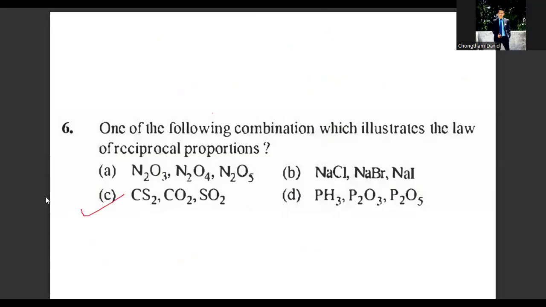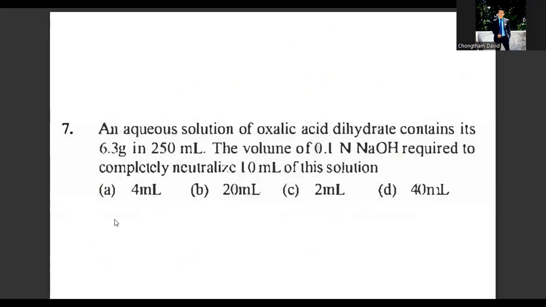Question number 7. An aqueous solution of oxalic acid dihydrate contains 6.3 gram in 250 ml. The volume of 0.1 normal sodium hydroxide required to completely neutralize 10 ml of this solution will be. So use the normality equation.